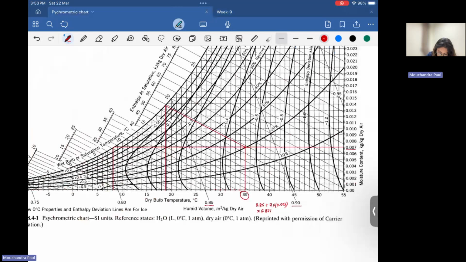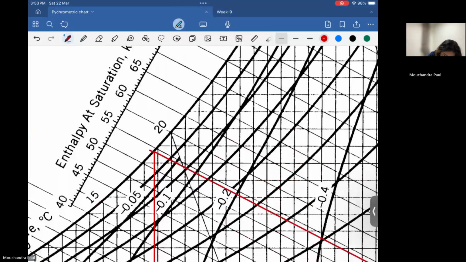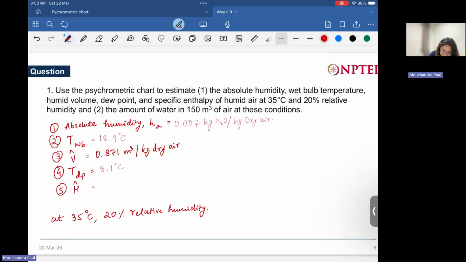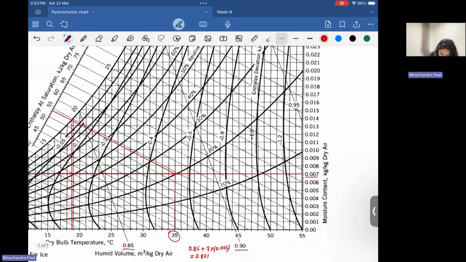From this point, your enthalpy at saturation is close to 53.5. And what is the enthalpy deviation?